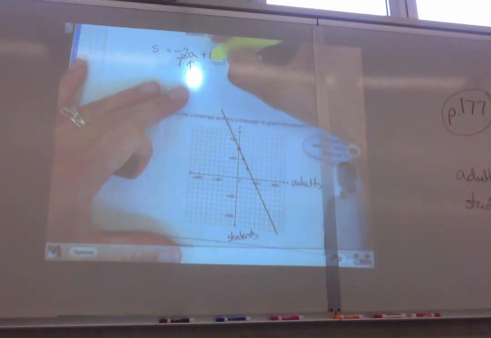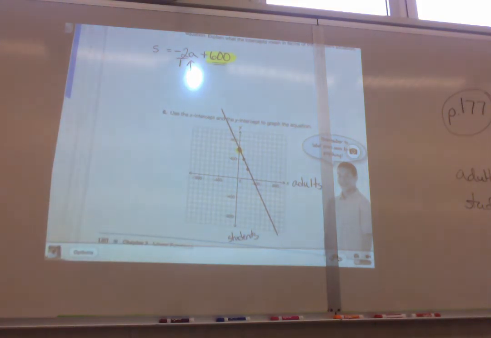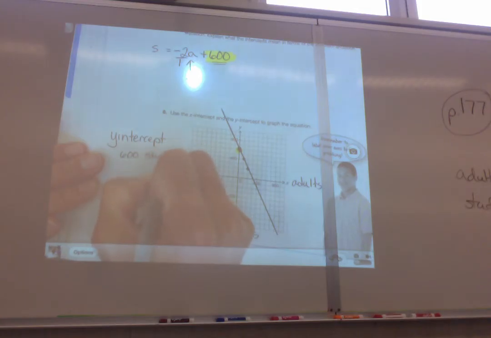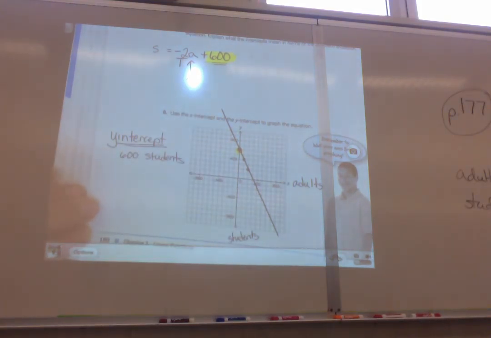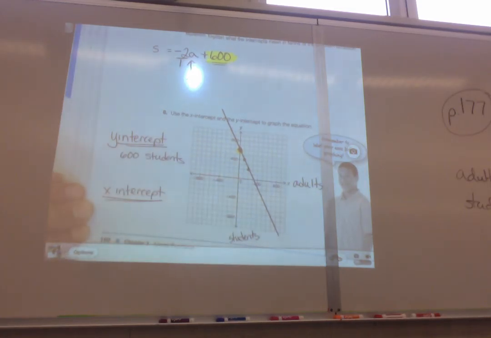Again, this 600 is the y-intercept. The y-intercept is 600 students. One of the things that we need to find is the x-intercept.